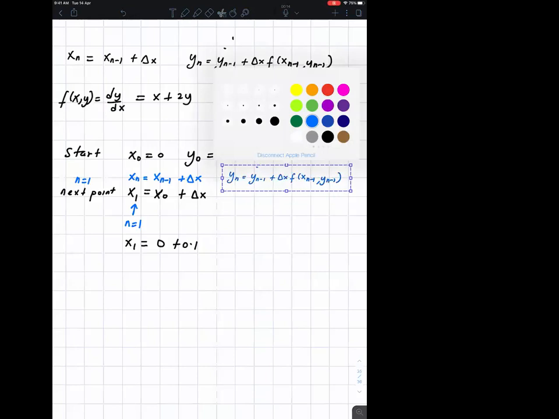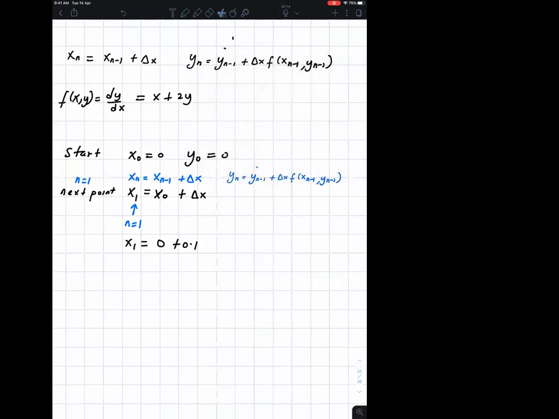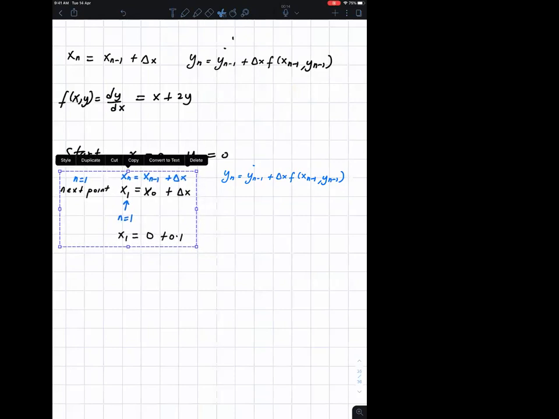I need to go for a course to figure out how to use colors. Give me another 5 minutes, I'll finish this.